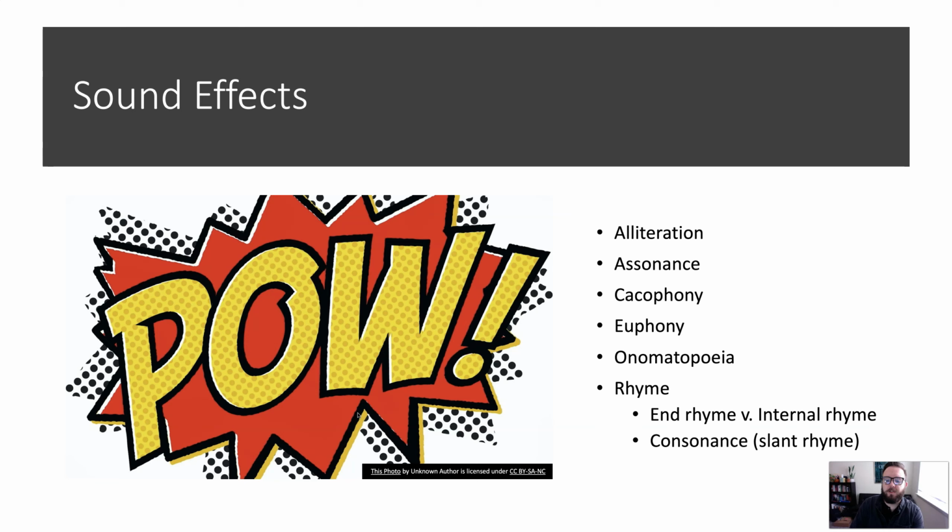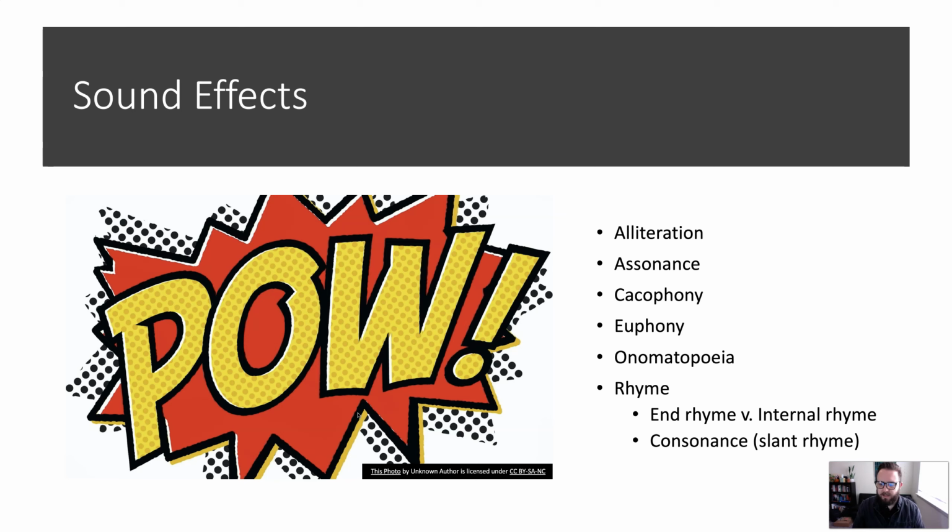A few commonly used sound effects are alliteration, which is the repetition of consonant sounds at the beginning of words. Peter Piper picked a peck of pickled peppers. That's very cheesy alliteration. Assonance is basically the same idea but applied to vowel sounds.